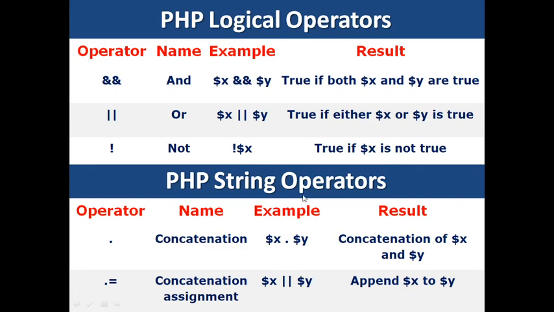PHP string operators. There are two string operators in PHP. First is dot, named concatenation, and second is dot equal to, concatenation assignment. So let us check it here.